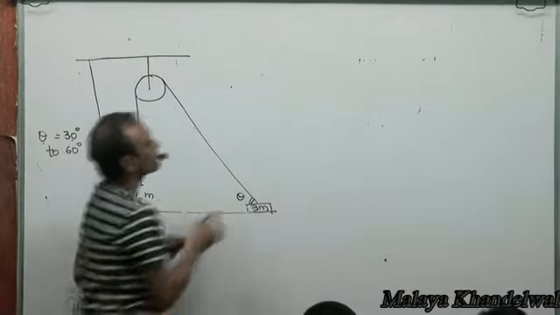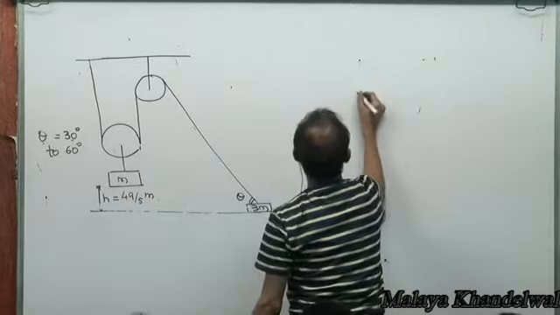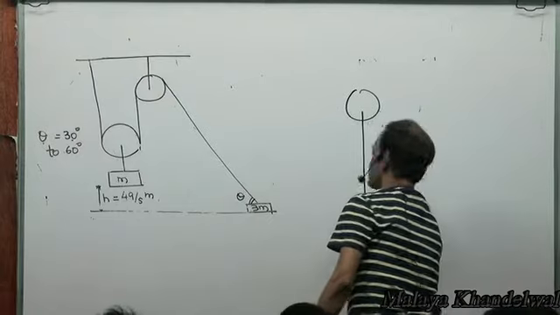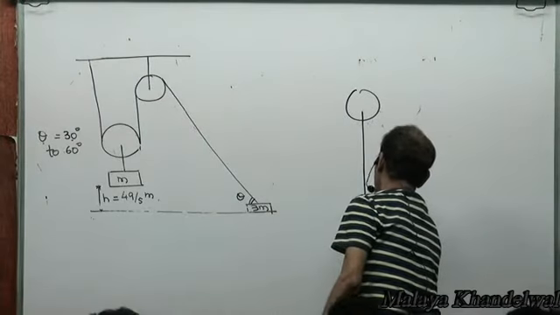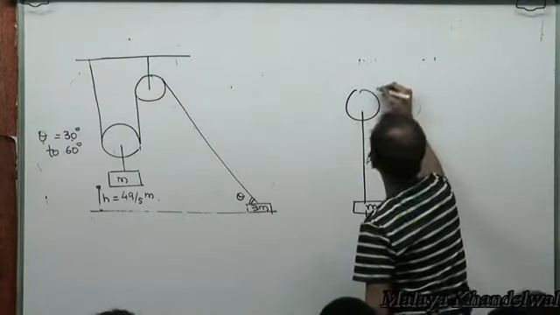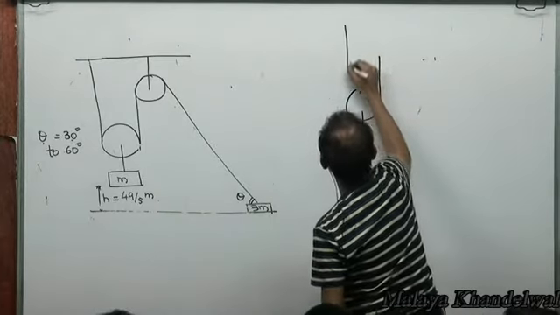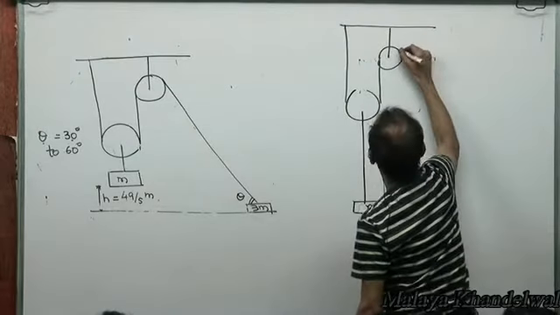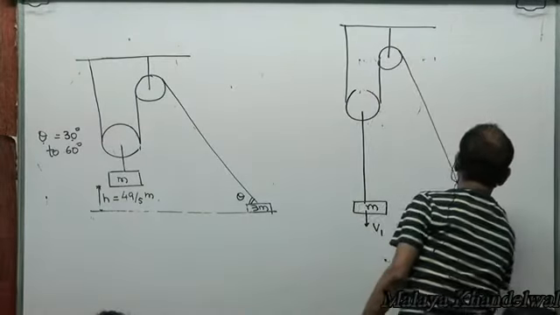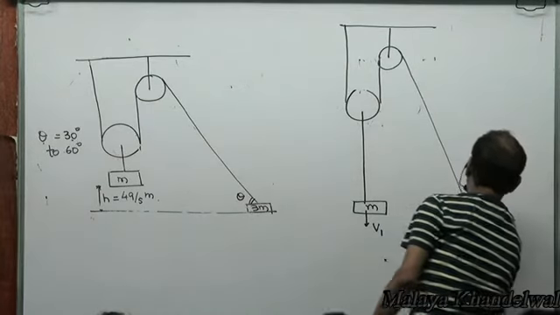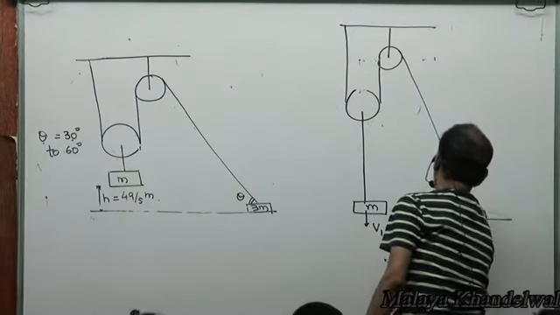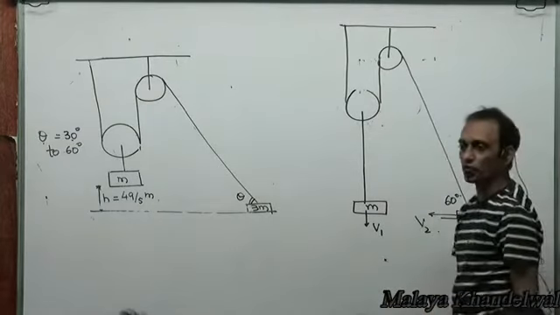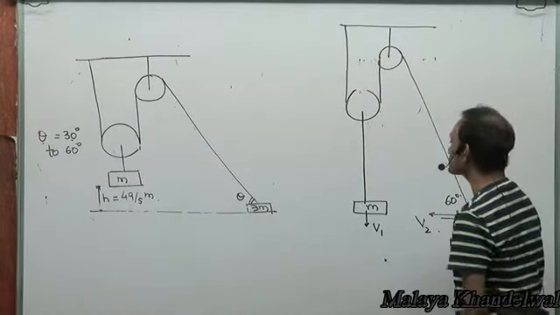So what happens eventually is, when this mass m would have reached the ground, it would have acquired a velocity v1, and this mass 3m would have acquired a velocity v2 like this, and this angle would have become 60 degrees. This is what would have eventually transpired.